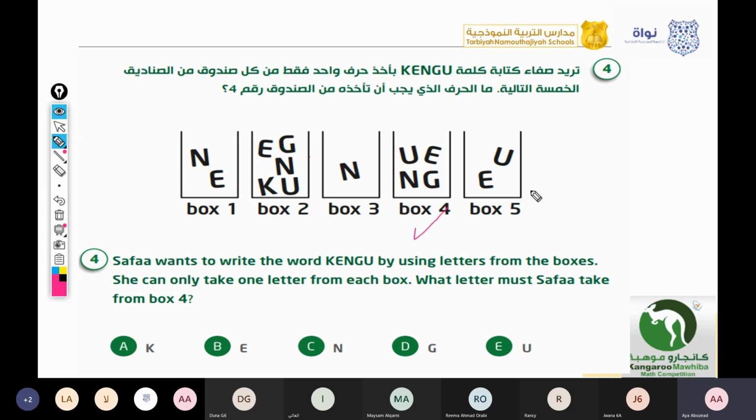Think. The word kangaroo. So where will I take the letter? For the 4th box, which letter will I take? U or E or N or G? Think.